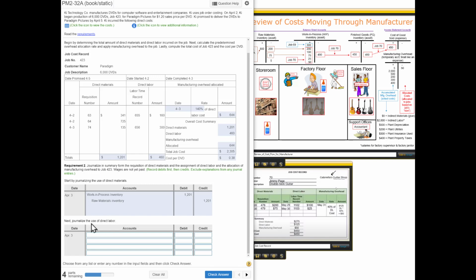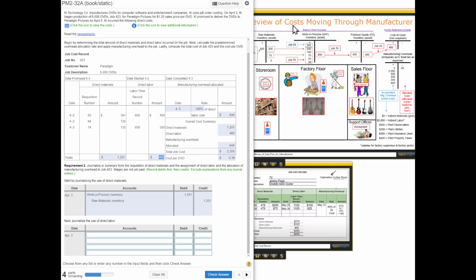Next, journalize the use of direct labor. And it's reminding you that the wages are not yet paid. So we're not going to lower cash, we'll increase wages payable. So when we're journalizing this direct labor cost, we have to increase this job, which is in process.